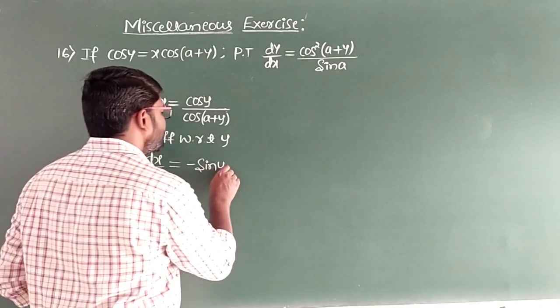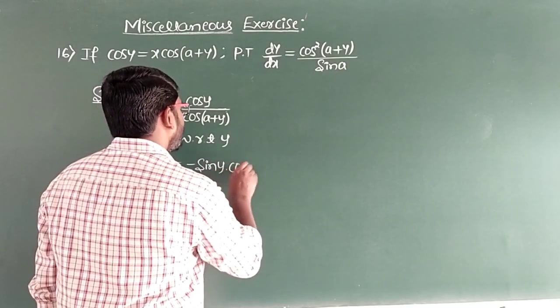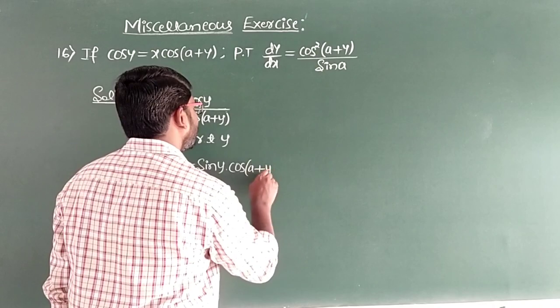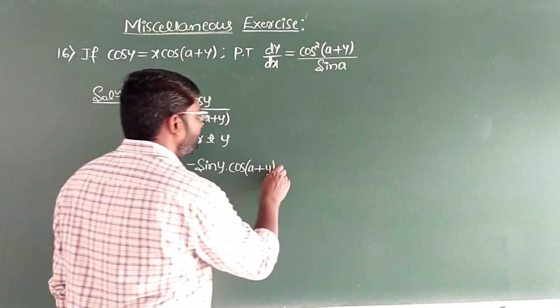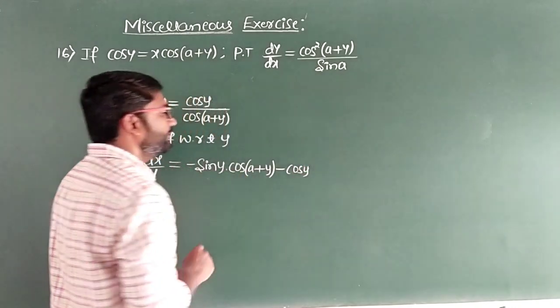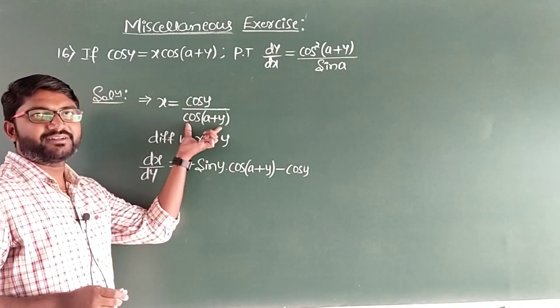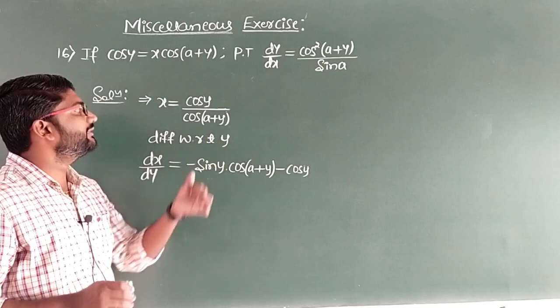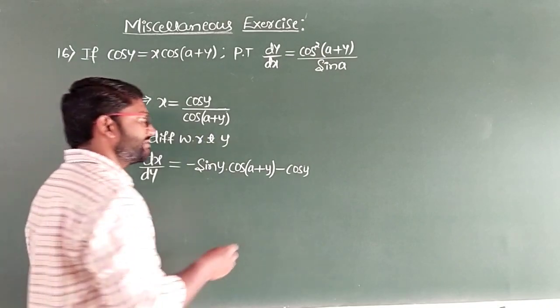So now u dash v, that means we get cos of a plus y, then u dash v minus u, it is cos y as it is, into the derivative of this particular term cos of a plus y, it will be minus sin of a plus y.